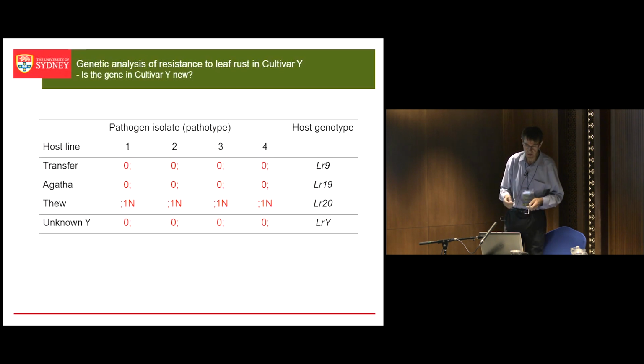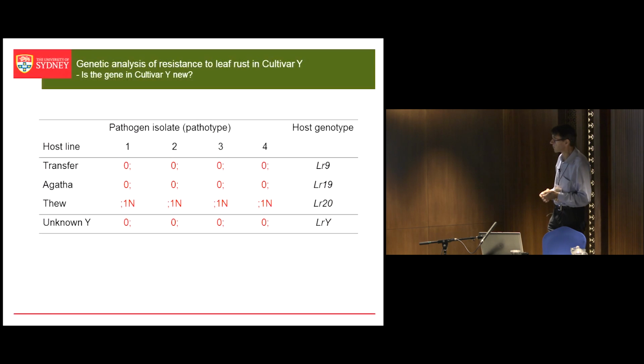All right, so let's go back to the example I've shown you a few times in previous presentations, where we've used the gene-for-gene hypothesis and an array of pathotypes testing wheat germplasm that we didn't know the resistance status of, and we found one line that was resistant to all of our pathotypes.